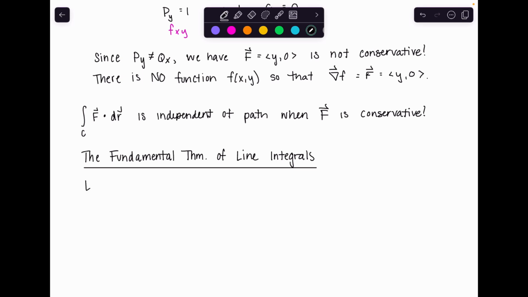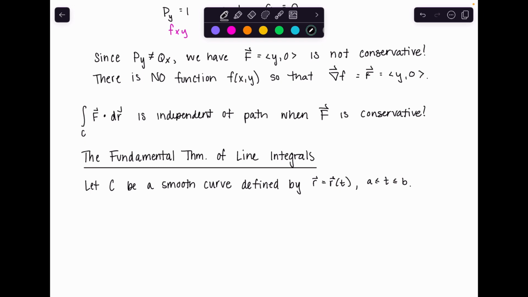So let's let C be a smooth curve defined by the function r, which depends on t, and then t varies between the values a and b.